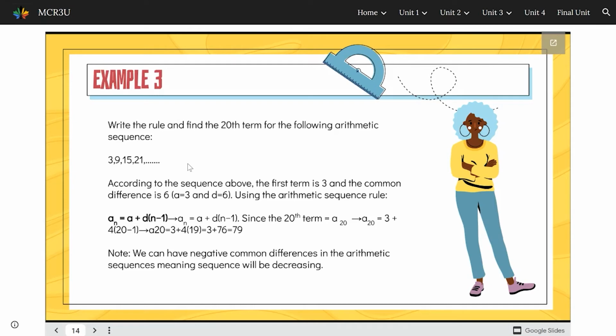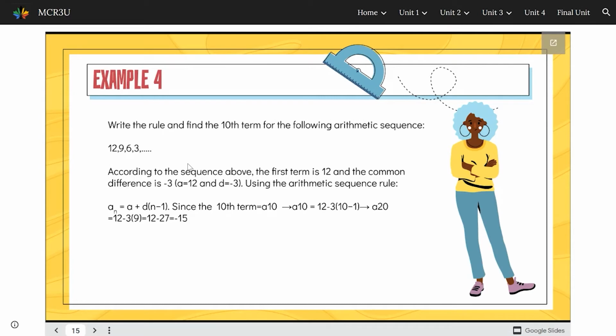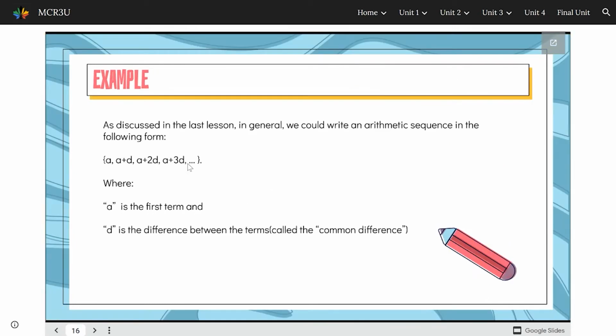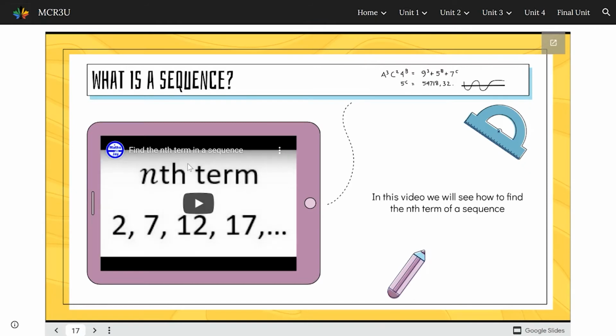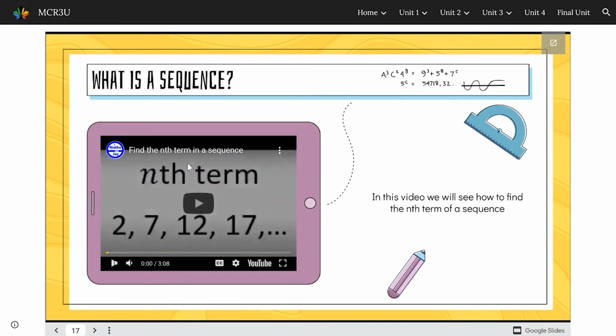Here is the same example again, to help you understand better. It's good to understand all of them, the formula and the numbers. Again an example, the best example for understanding. Here is one video again about the term of the arithmetic sequence and finding a term in the sequence.